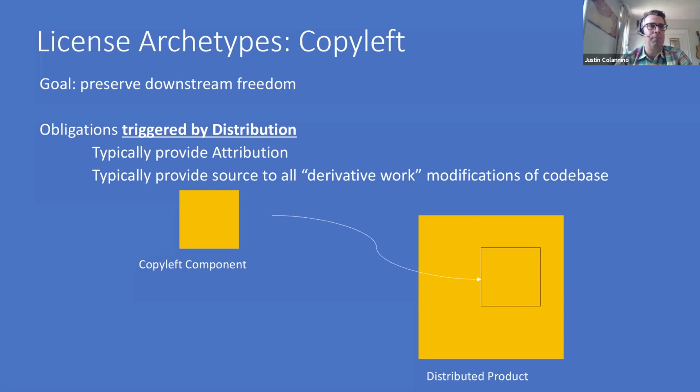It hasn't been litigated. The Free Software Foundation, who publishes the GPL, the archetype of copyleft licenses, says that it basically extends to the entire program itself that uses the work. So that programmatic boundary is what you look for. If you're linking against this dynamically or statically, their view is that this would be a derivative work of the code base.